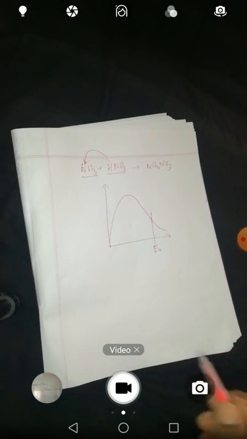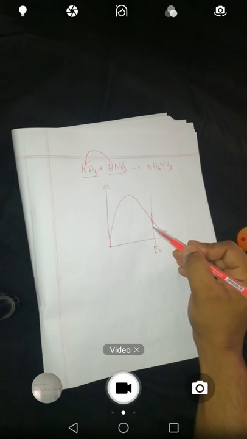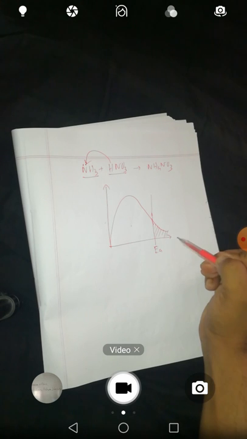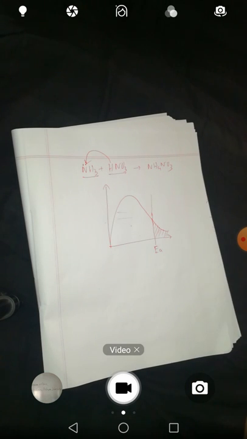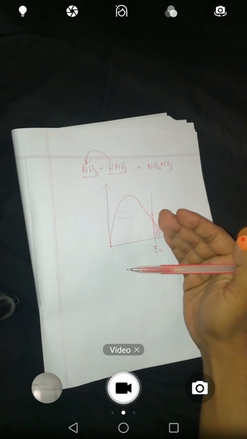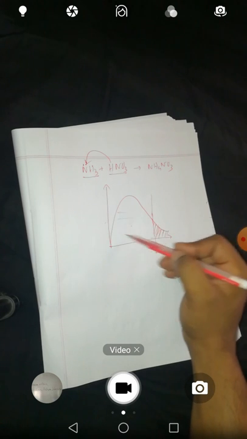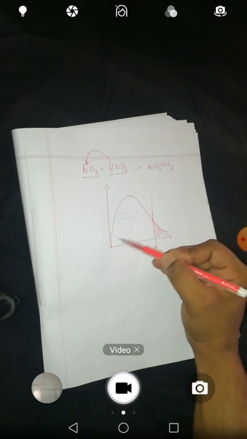If the temperature is higher, then these are now the reactive molecules, and we are calling it the reactive region, and this is the unreactive region. Now if the temperature is higher, then there will be more reactive molecules, so the area of reactive molecules increases, and the area of unreactive molecules decreases, and the peak also goes down.